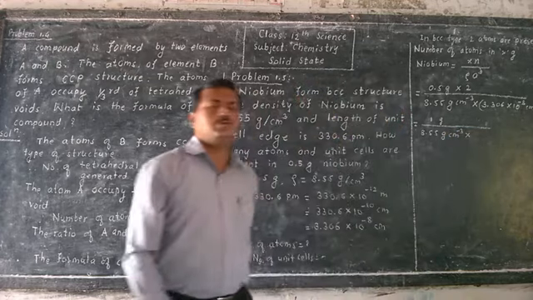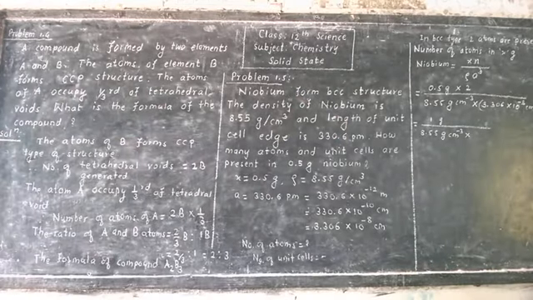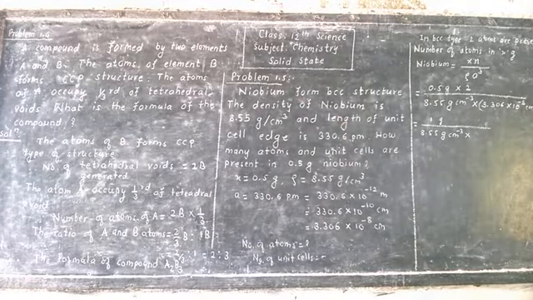Now find the cube of 3.306 into 10 raised to power minus 8.